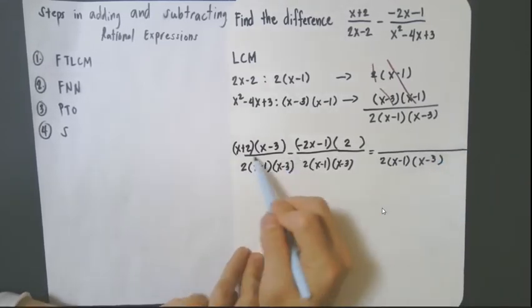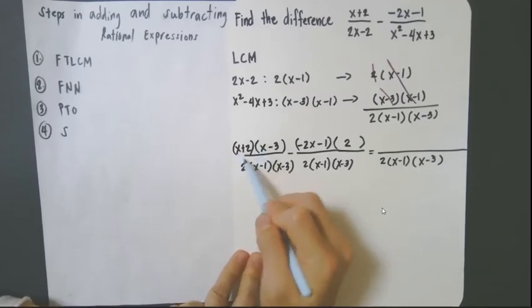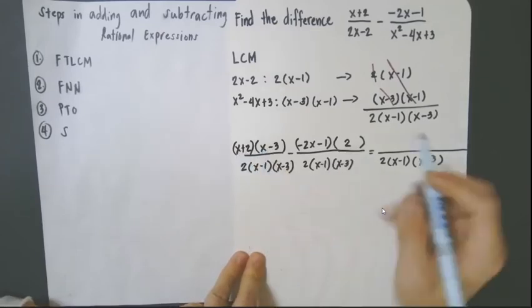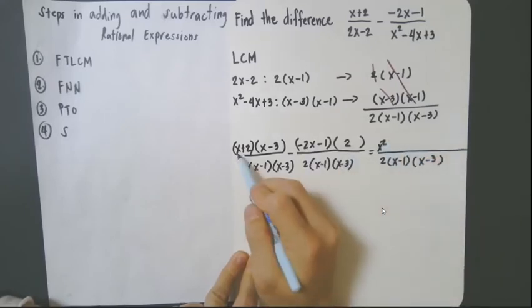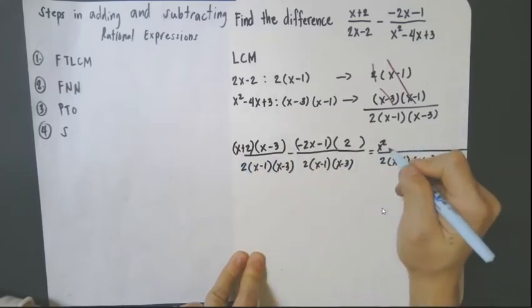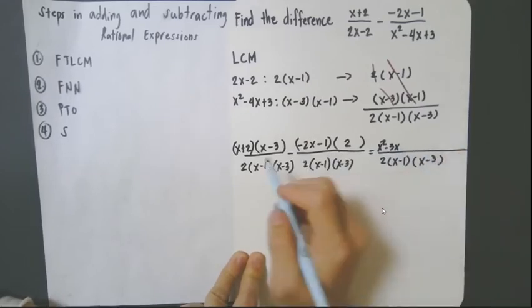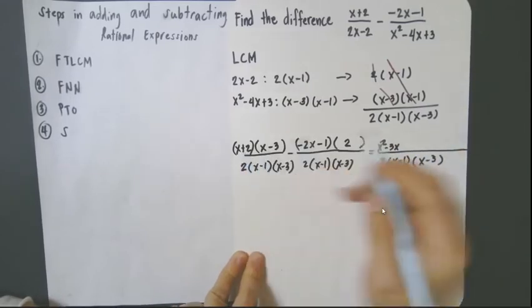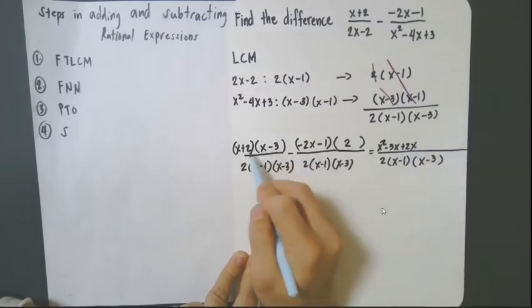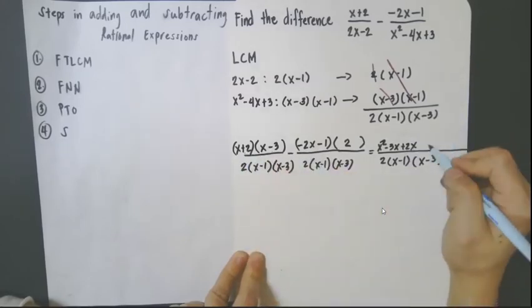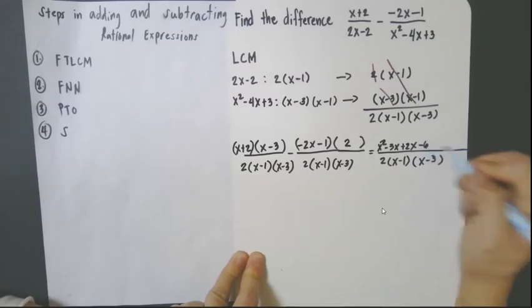Now perform the operation here. So we will do distributive property. So x times x, we have x squared. X times negative 3, that's negative 3x. Positive 2 times x, that is positive 2x. Negative 3 times positive 2, that is negative 6.